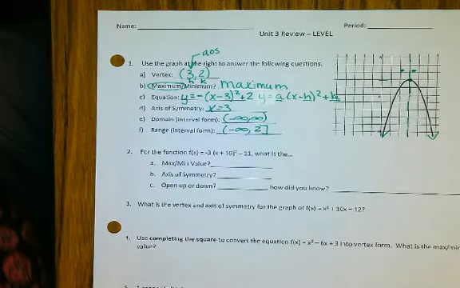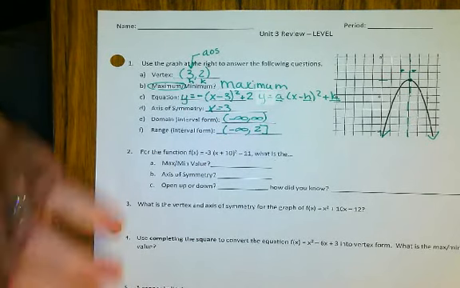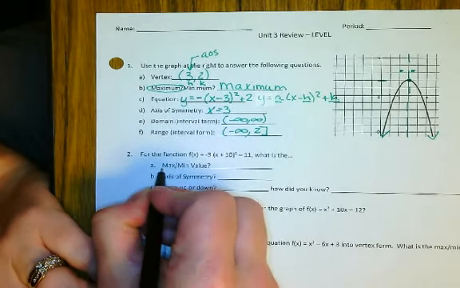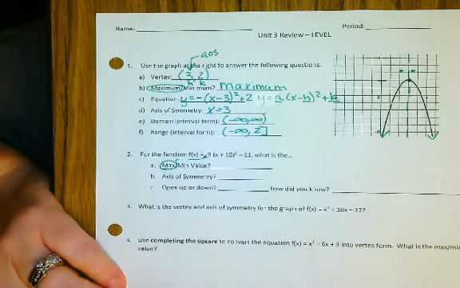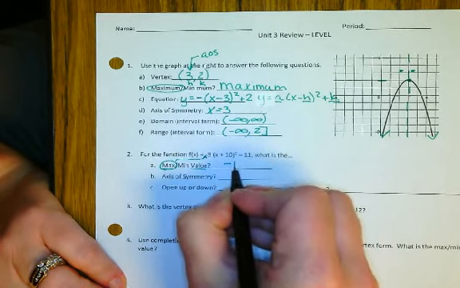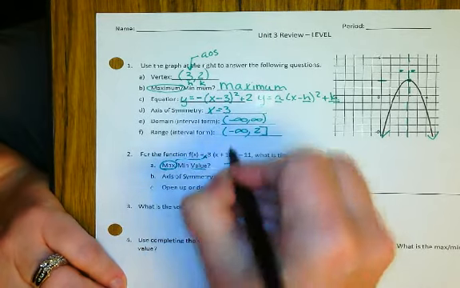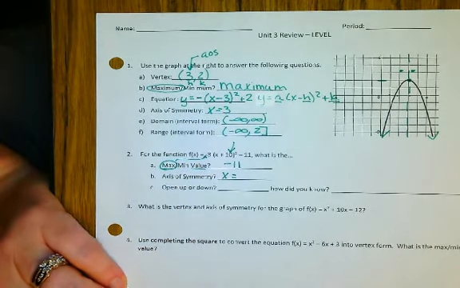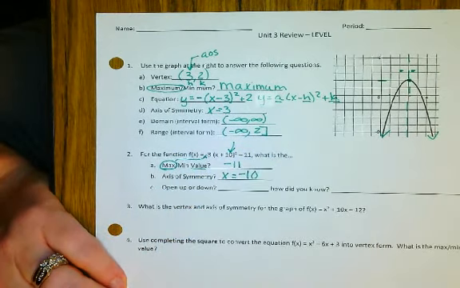Alright, on the next one, number 2, it says for the function negative 3 times (x plus 10) squared minus 11, what is the max or min value? Well, first of all, this has a maximum, and the reason I know the maximum is because of that negative right there. Now, the value of it is negative 11. The axis of symmetry is this part right here. Now remember, everything in there is the opposite, so it's actually going to be negative 10.